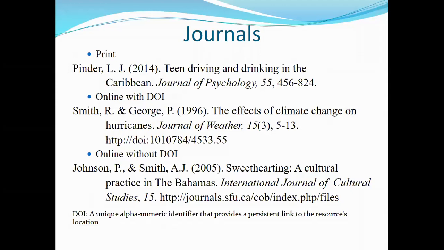And so APA requires you to identify the DOI, which stands for Digital Object Identifier, I think. And it's basically a permanent link to the source of the article. And when you find your sources in EBSCO or JSTOR, the DOI is usually listed on the first page of the article somewhere. So you have to look out for it.